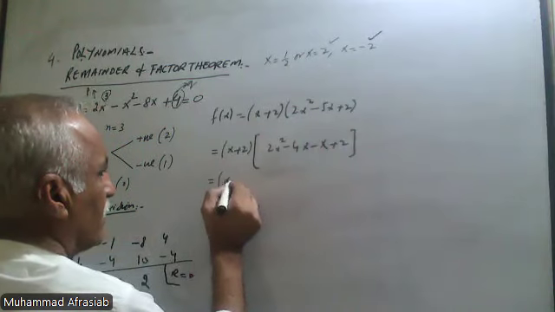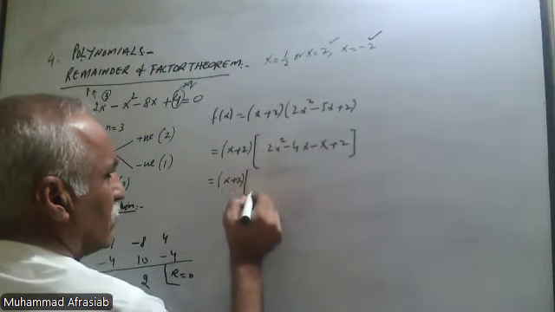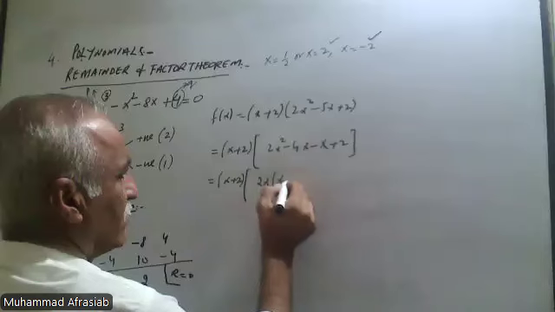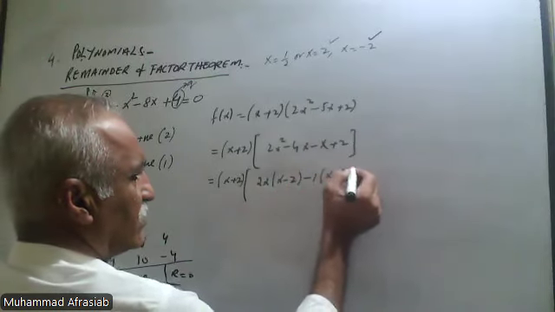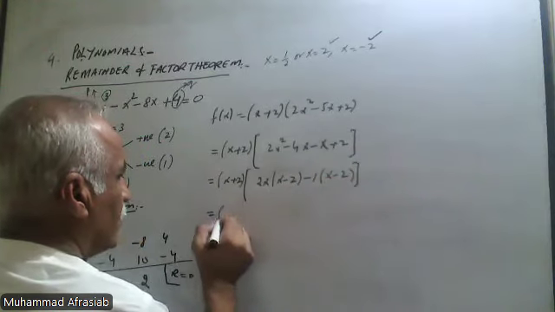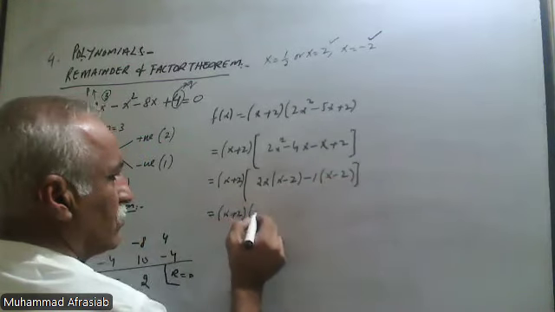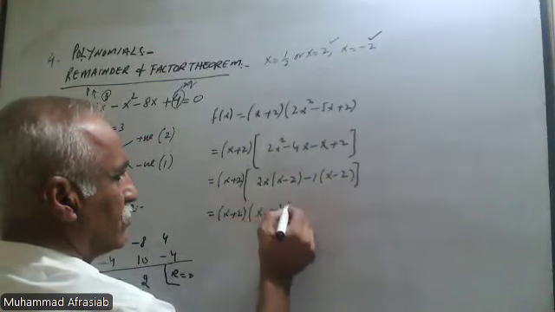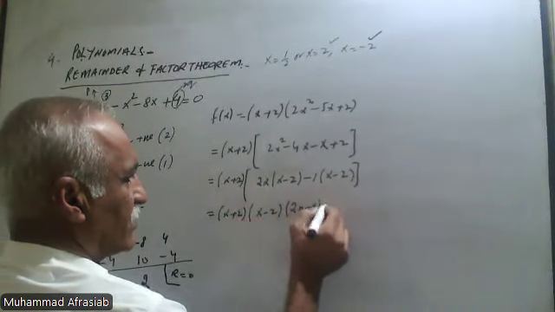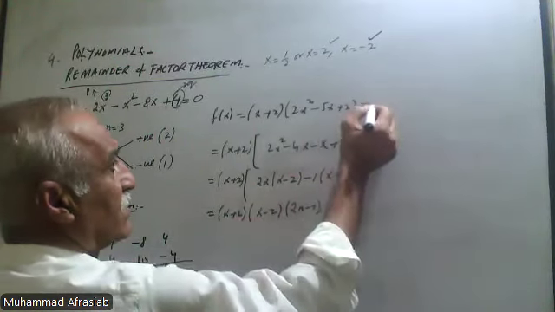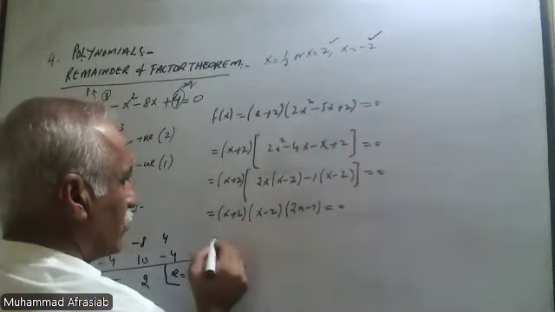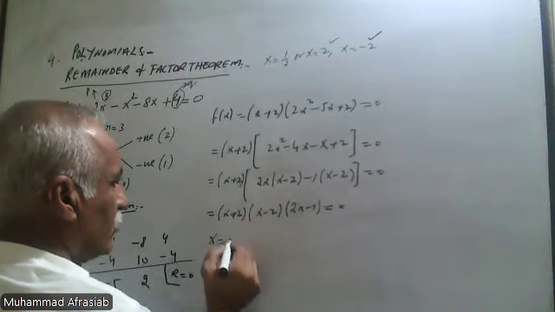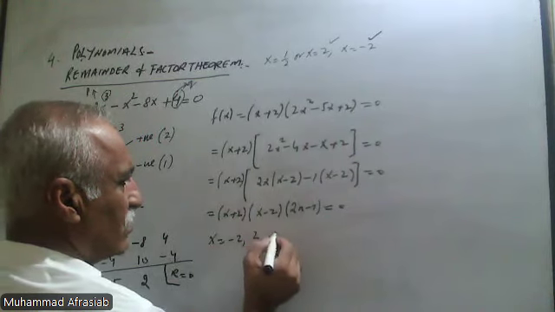This should be equal to x plus 2, 2x is common, x minus 2, minus 1 is common, x minus 2 there. So it should be equal to x plus 2, x minus 2 into 2x minus 1. Since this whole thing is equal to 0, the x value will be equal to minus 2, 2 and half there.